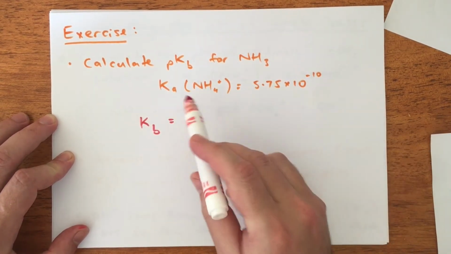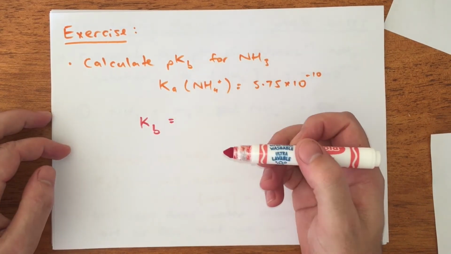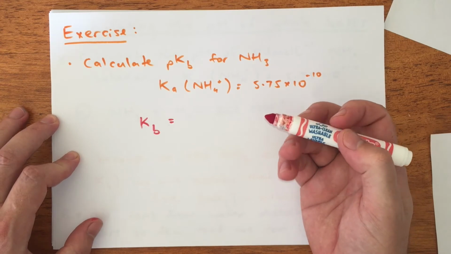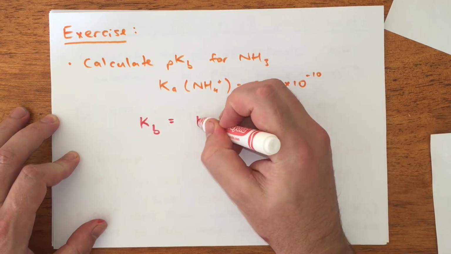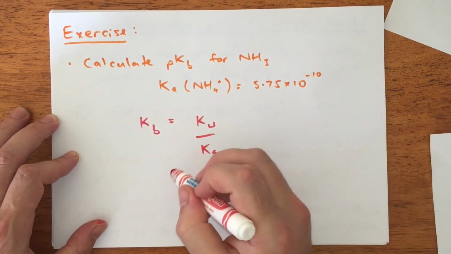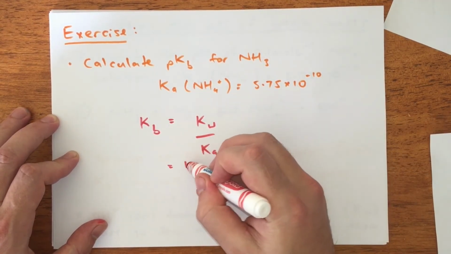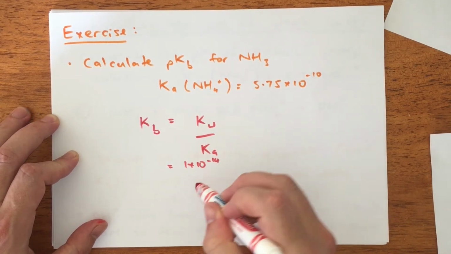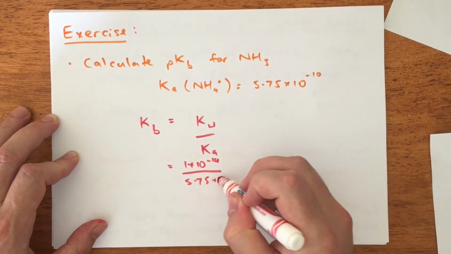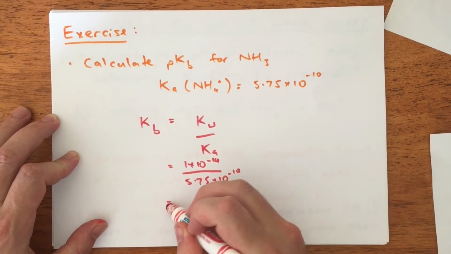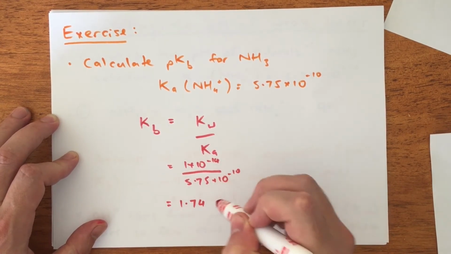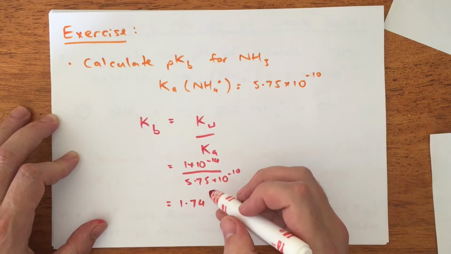To get Kb from Ka, I'm going to have to rearrange the equation Ka times Kb equals Kw. So Kb will equal Kw divided by Ka. That's going to equal 1 times 10 to the minus 14 divided by the Ka, which is 5.75 times 10 to the minus 10. Plug that into your calculator and it should come out with 1.74 times 10 to the minus 5.